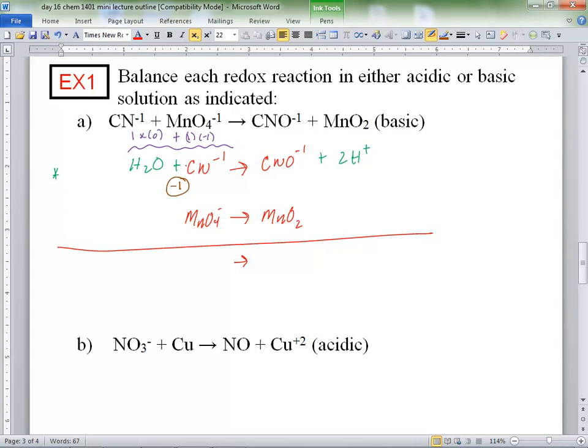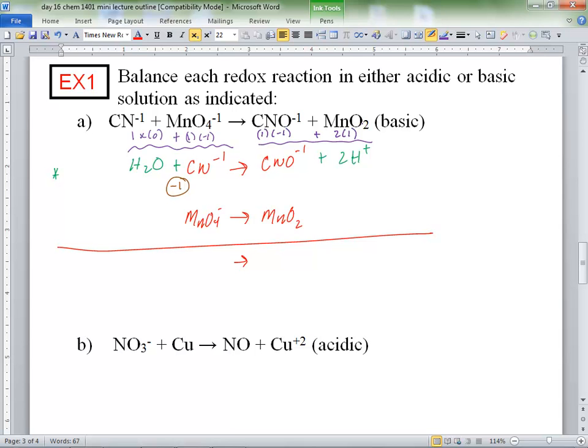So what will I have for water? What times what for CNO negative here? Excellent. 1 times a negative 1. Plus, I have to do it for every single thing that's up there. So what times what for the 2 H pluses? 2 times a 1.